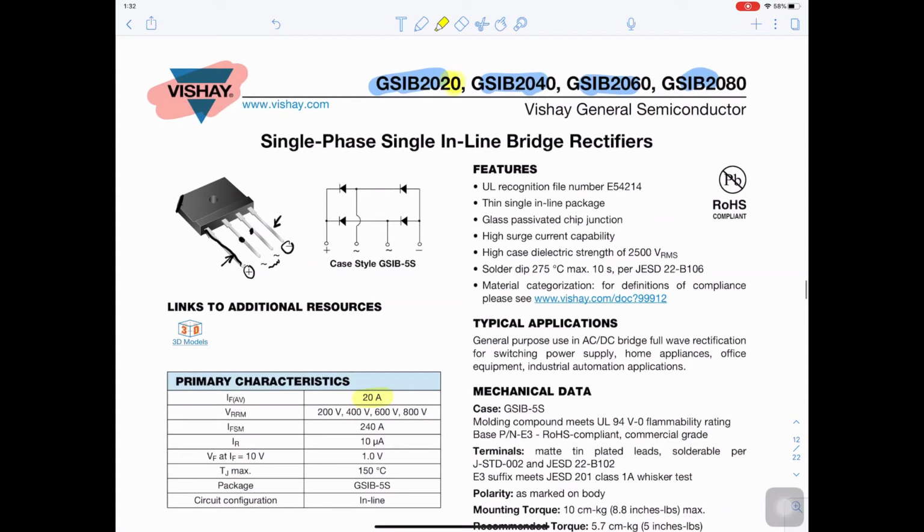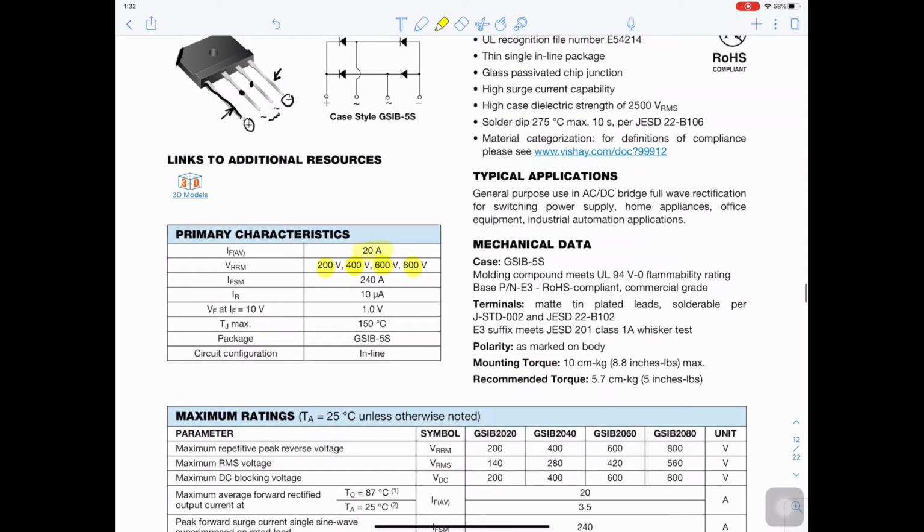Each model of these, so 20 has 200 volt, 40 has 400 volt, 60 has 600 volt, 80 has 800 volt. The one time or surge current is 240, the reverse leakage is 10 micro, the forward drop voltage is 1 volt.